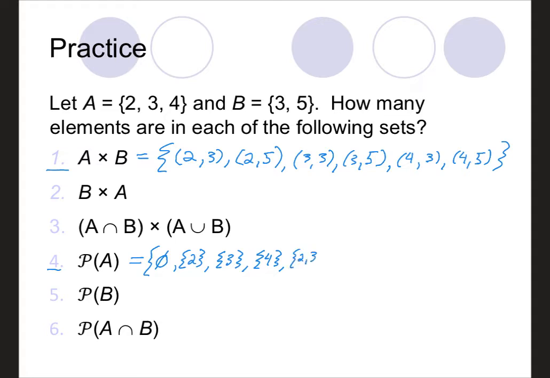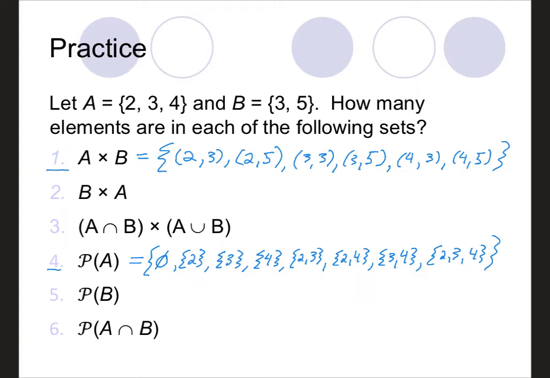So 2, 3, 2, 4, and 3, 4. And then we have all of them together, 3 elements. And as soon as you get to all the elements, you're done. So that would be the power set of A.